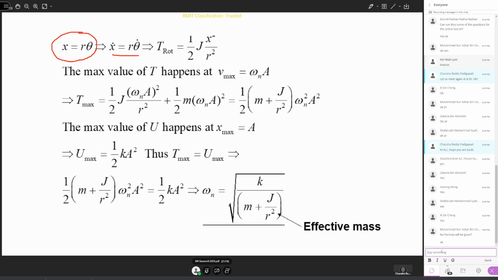So the rotational kinetic energy, then you can write half I omega square. Okay, so v is equal to r omega.